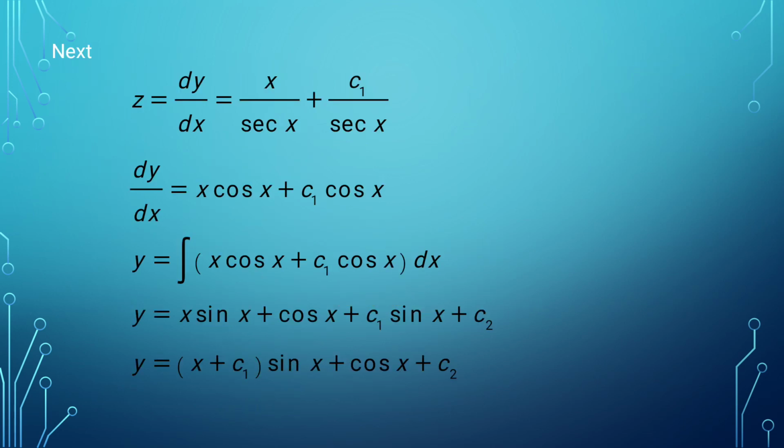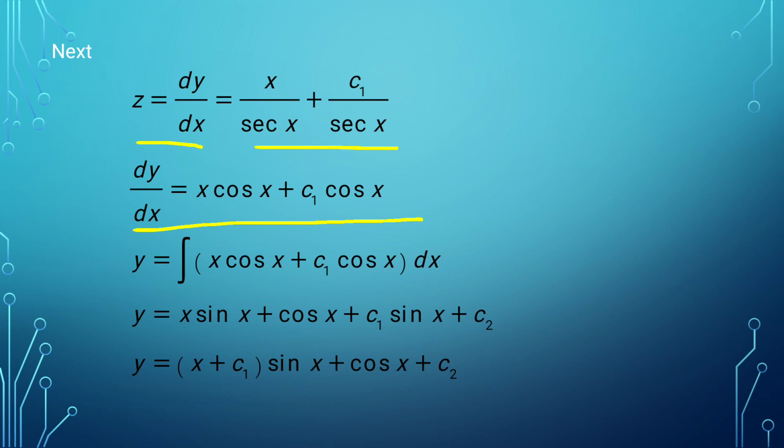Next, our z, which is equal to this, is equivalent to this, which implies that our dy/dx is actually this: x cos x plus c1 cos x.